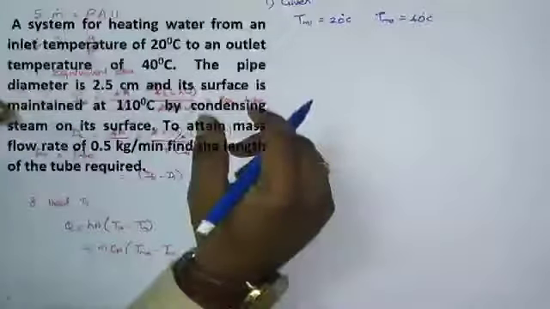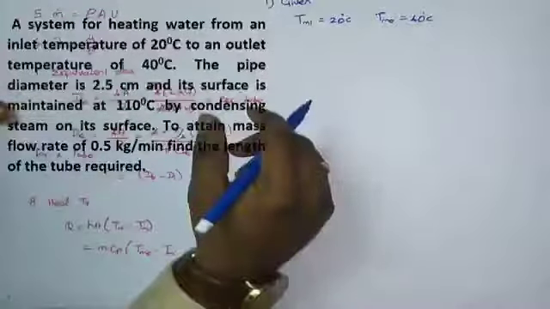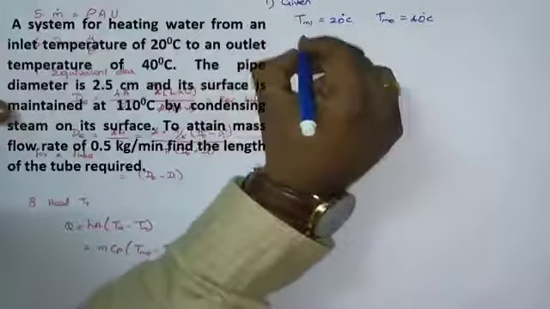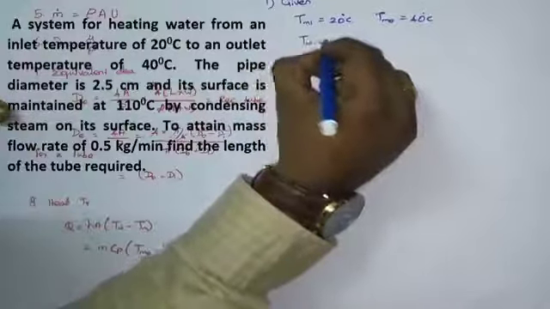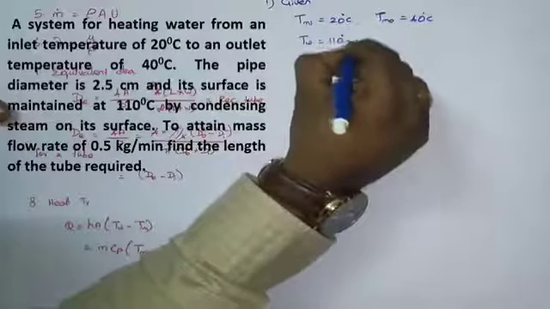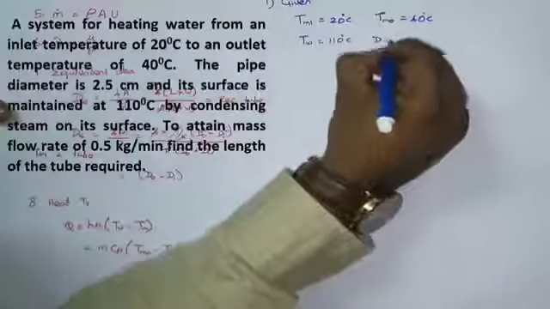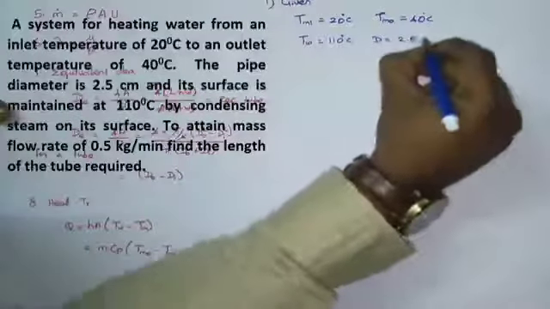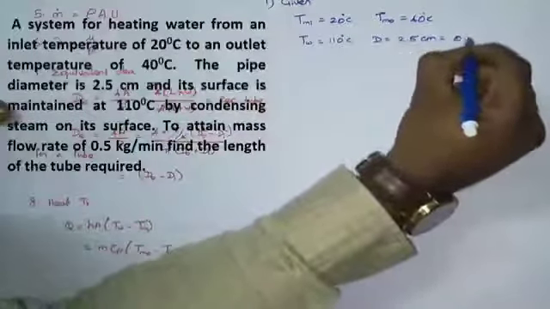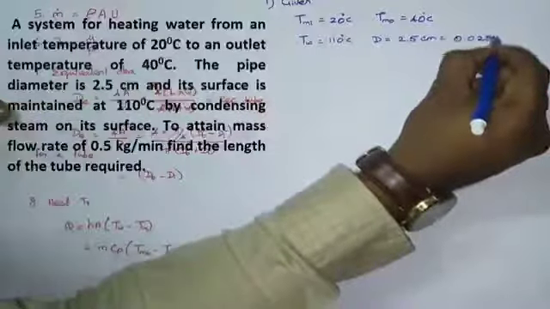The pipe diameter is 2.5 centimeter and it is maintained at 110 degrees Celsius by condensing steam on its surface. So pipe temperature is 110 degrees Celsius and the diameter equal to 2.5 centimeter, which is equal to 0.025 meter.